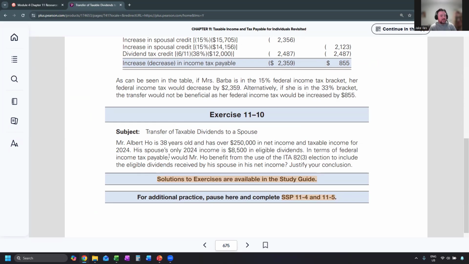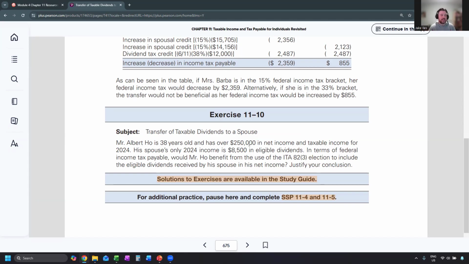So since the spouse's income is only $8,500, their basic personal amount is covering it. The credit from it is covering the taxes that would be paid. So we could transfer the dividends, but Mr. Albert Ho is in the highest tax bracket. So the question is, will the additional taxes he has to pay be less than the credits he will benefit from getting the transfer?